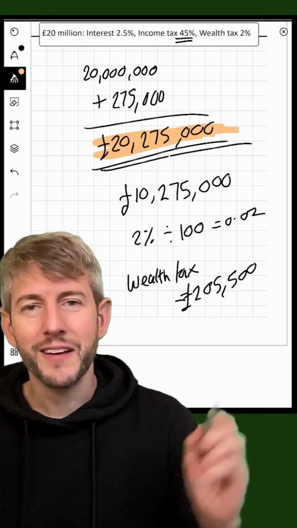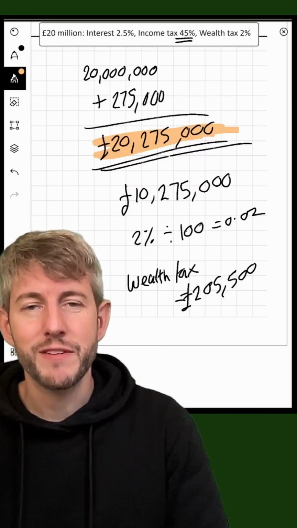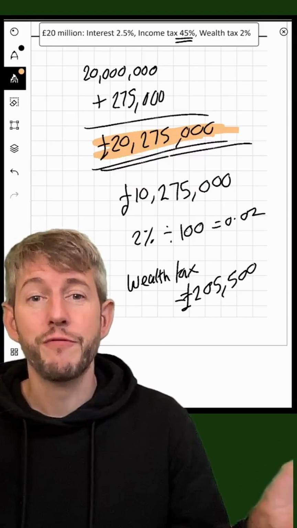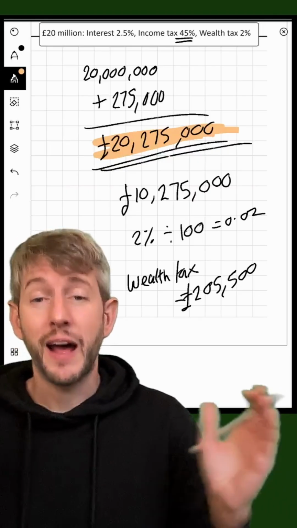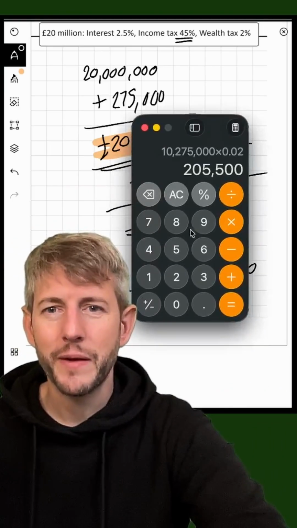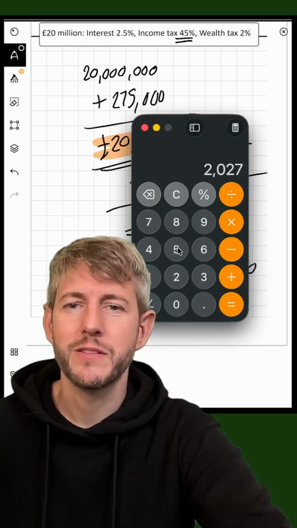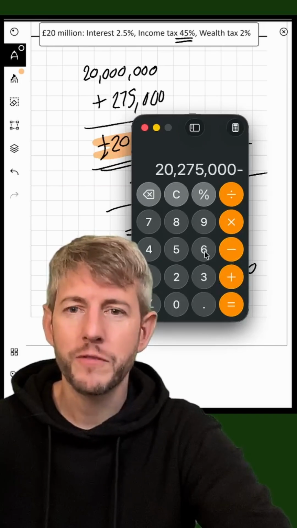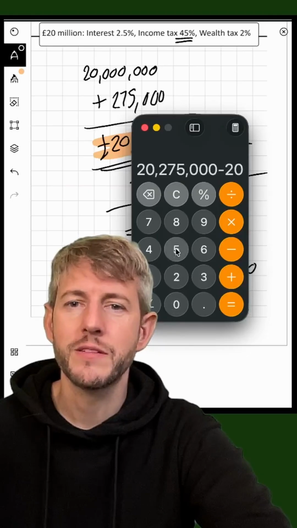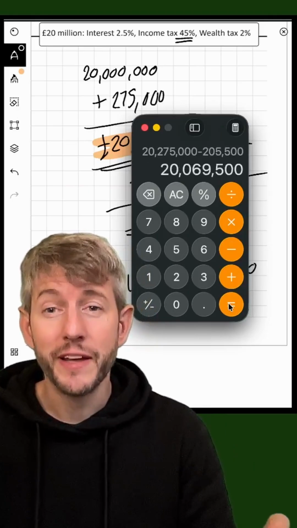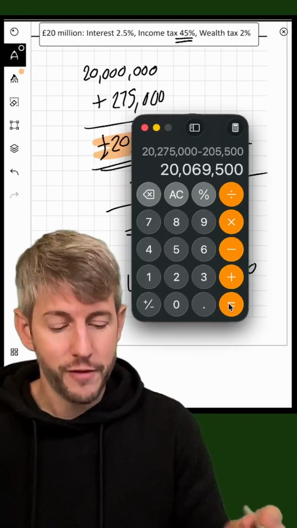So before the wealth tax, they have the £20,275,000. So what we now need to do is to remove the £205,500 from that and see what they're left with. So let's do that on the calculator. So we have 20,275,000, take away our wealth tax of 205,500, and that leaves them at the end of the year with £20,069,500.